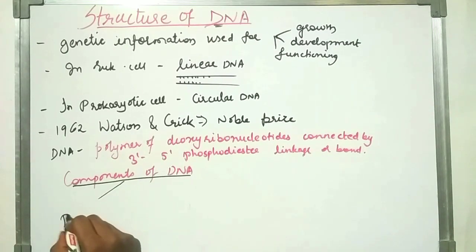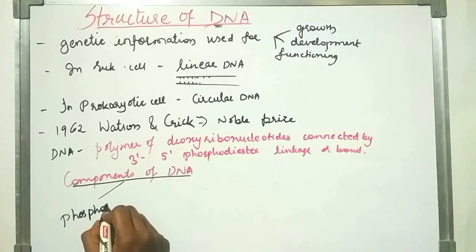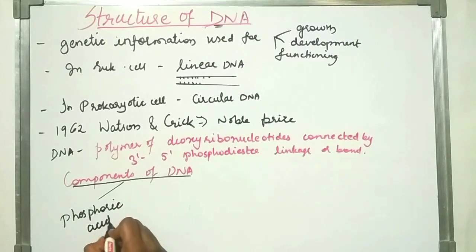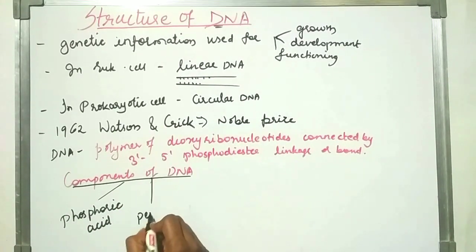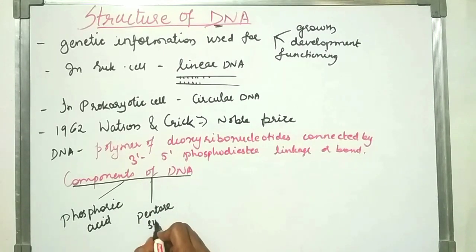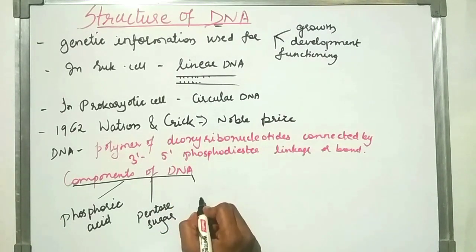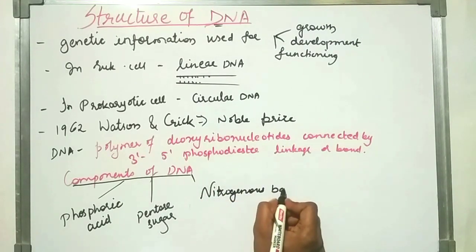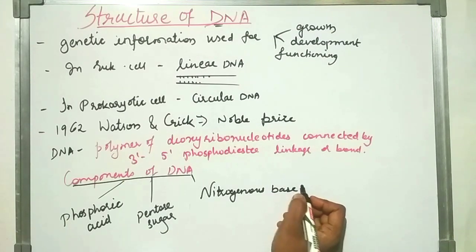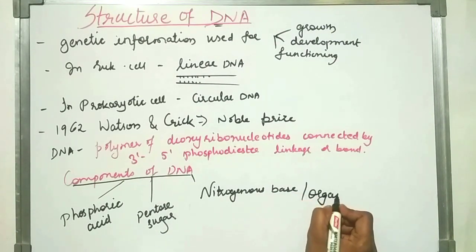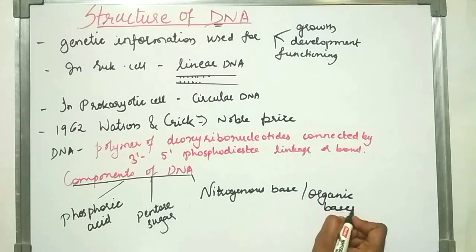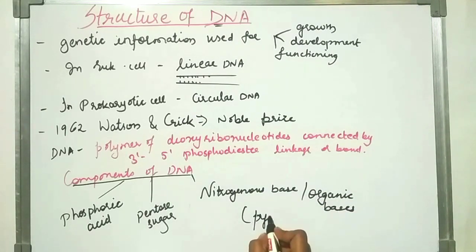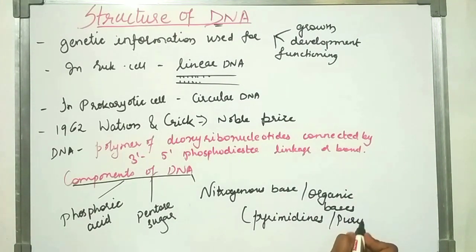First one, phosphoric acid; second, pentose sugar; and third one is nitrogenous bases, or you can say organic bases. Here they are pyrimidines and purines.